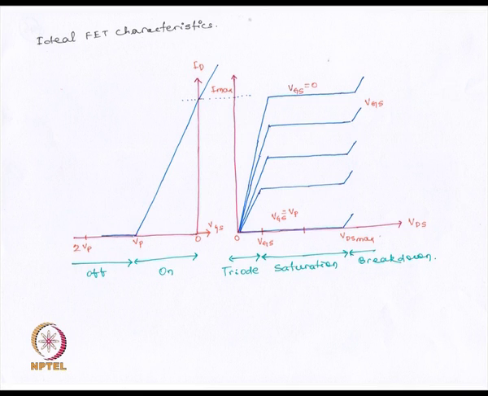This is a MOSFET whose drain current versus gate-source voltage relationship is like this, and whose drain current versus VDS, the drain-source voltage, is along the x axis. As we know, the characteristics can be divided into two main regions, the triode or linear region and the saturation region.